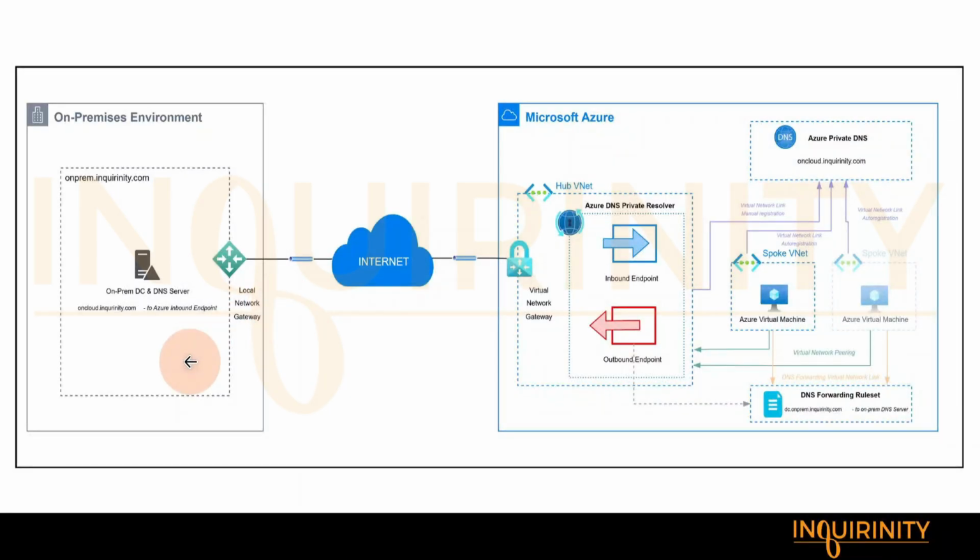Welcome back. So in the first part of our video tutorial series on Azure DNS Private Resolver, we have discussed the objective of the tutorial series, wherein we have an on-prem DC and DNS server on our left that would like to be able to resolve the private DNS names of the virtual machines in Microsoft Azure on our right side.